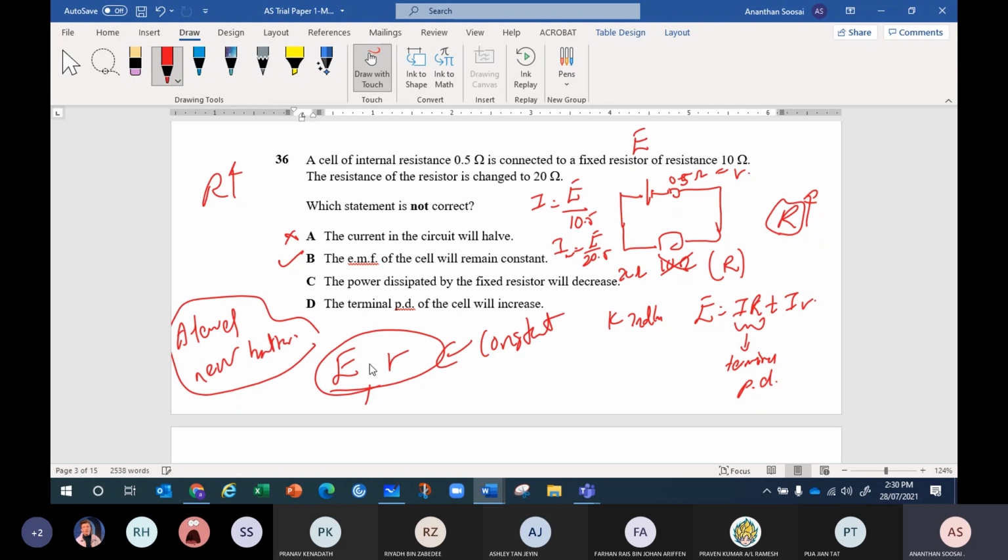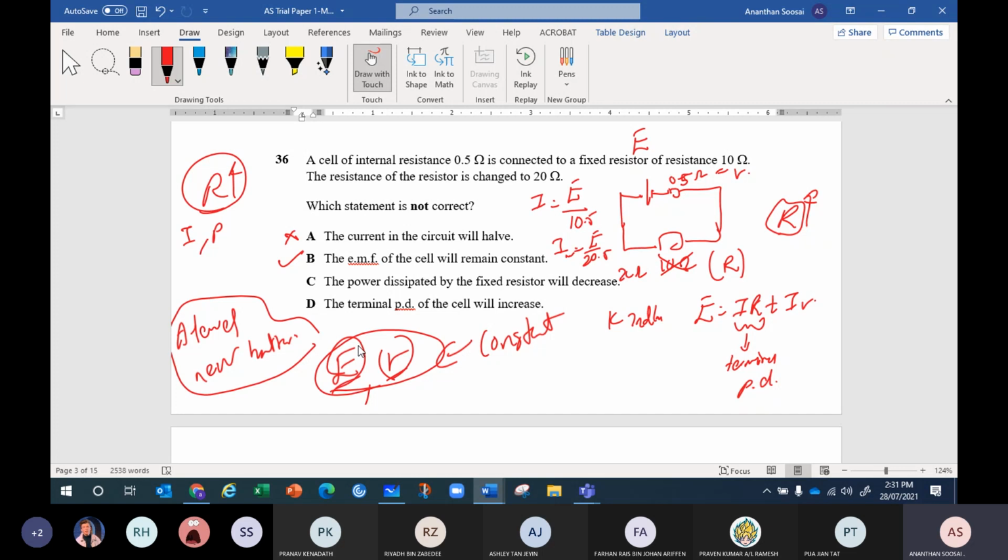Remember, never change. The EMF and the internal resistance of a battery cannot be changed by changing the external load. Increasing or decreasing the external load only changes the current flow and the power dissipation. Never change the EMF, never change the internal resistance. So B is correct.